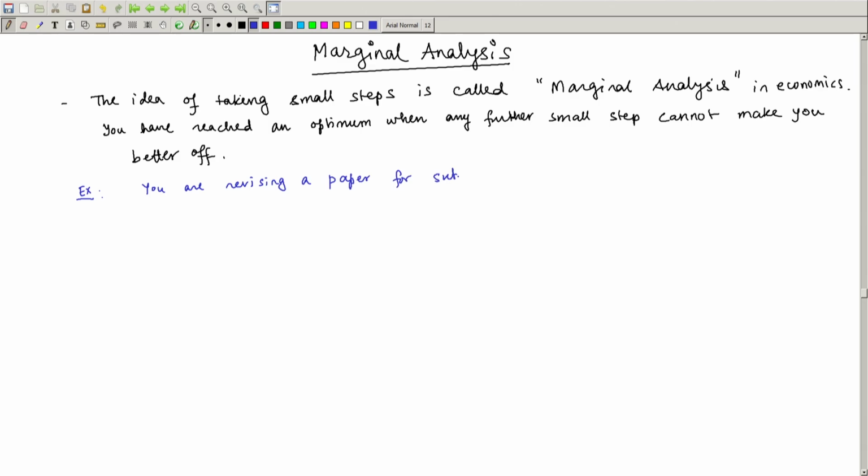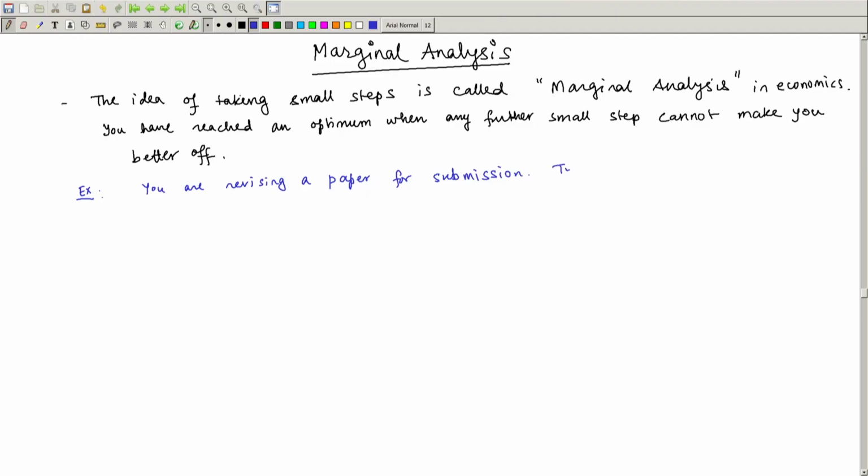Very rarely would it be the case that the first version of the paper is what you end up submitting. That is never the way it happens. We prepare a draft, then you go through that draft, you make multiple rounds of corrections, you do not like something that you have written, you want to rewrite it. Some of these things you keep on changing. So, you are revising a paper for submission.